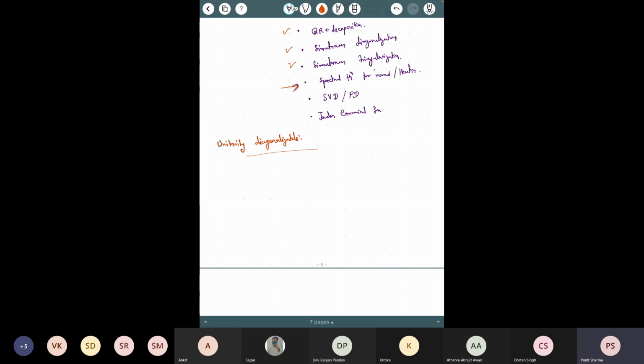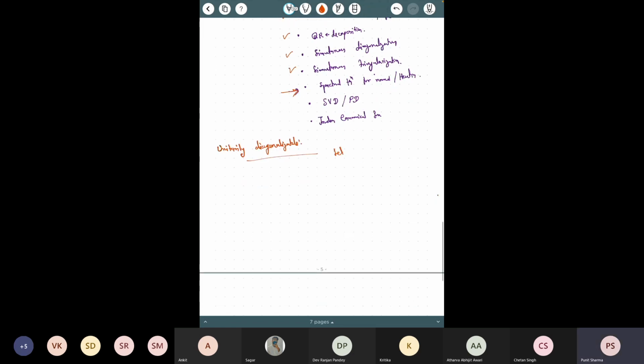Let A be a matrix of size n cross n over F, where F is either R or C.